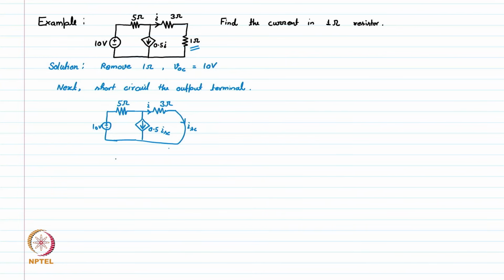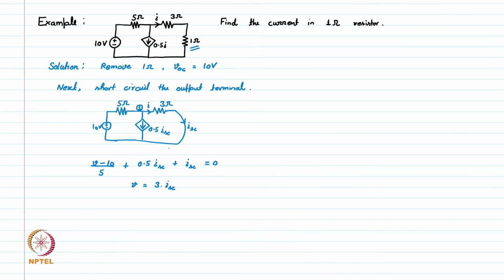So, we can write nodal analysis now, and we can find out (V minus 10) divided by 5, where I assume this node 1, plus 0.5 times I short circuit plus I short circuit is equal to 0, and here we have V is equal to 3 into I short circuit.